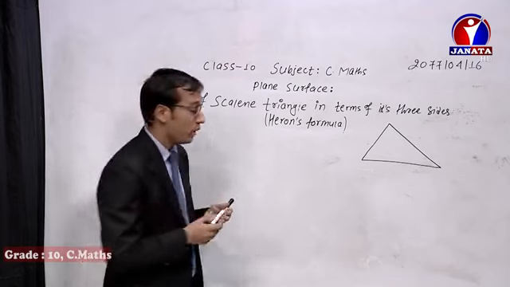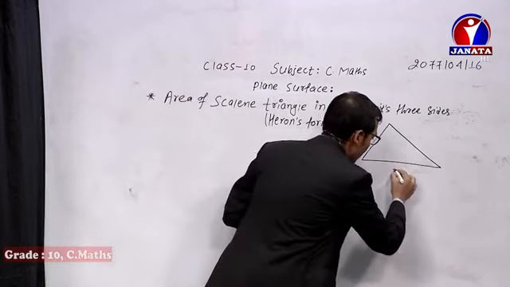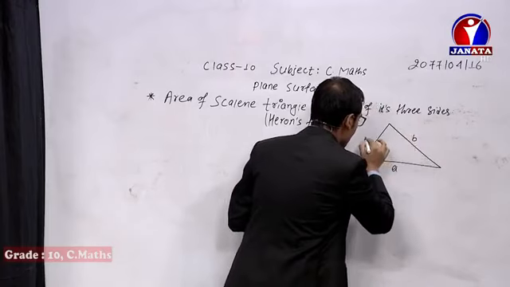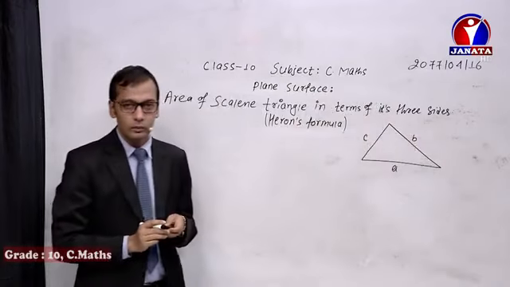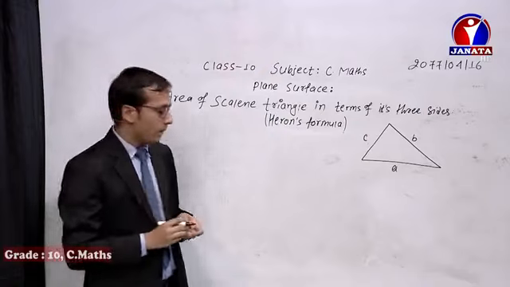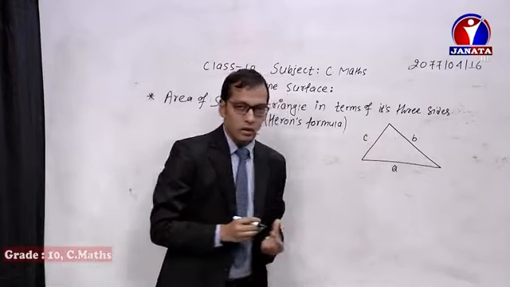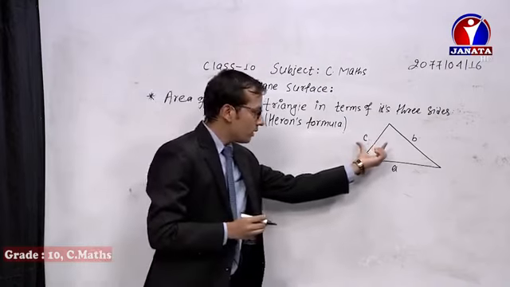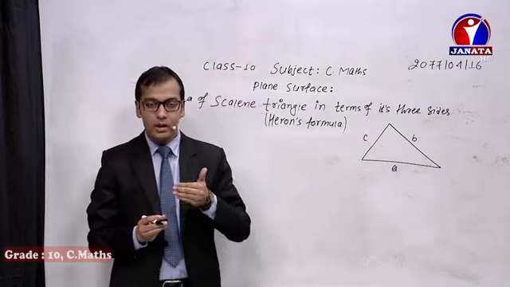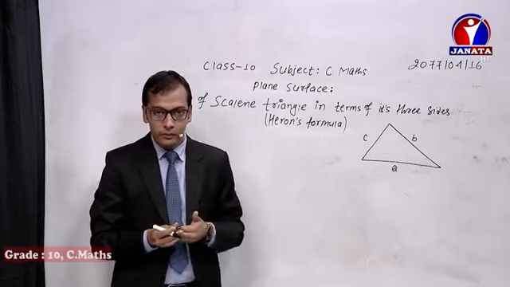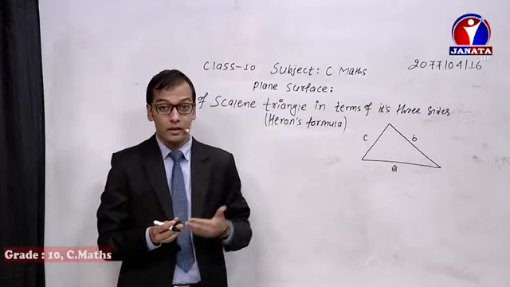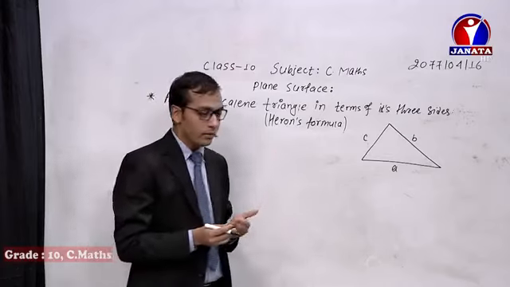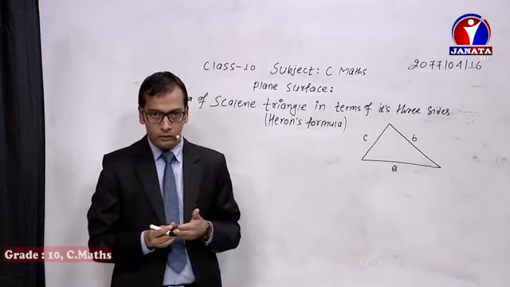Suppose this is a, this one is b, and this one is c. a, b, c are the sides of the triangle, where this is a scalene triangle. So what is a scalene triangle? A triangle having different sides. The lengths of the sides are different in a scalene triangle.